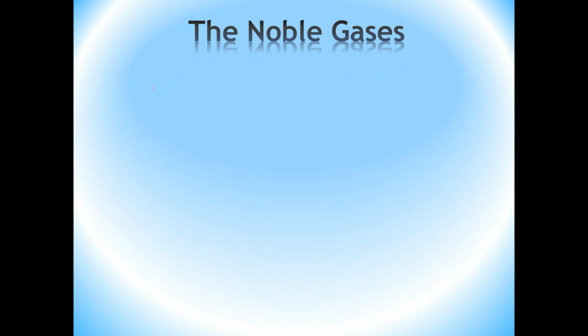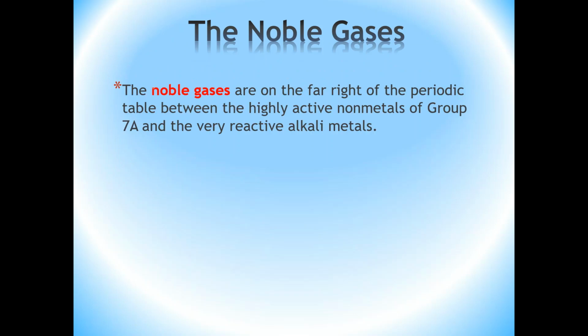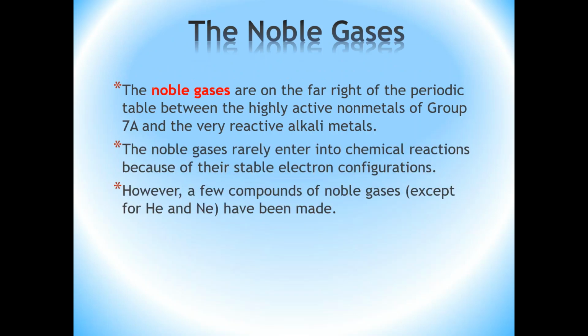Just a few comments about the different groups within the periodic table. The first one I want to talk about here is the noble gases. The noble gases are those elements that are located in group 8A, and they're sometimes called inert gases because they're very unreactive.